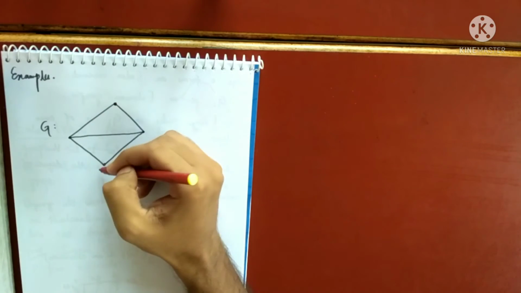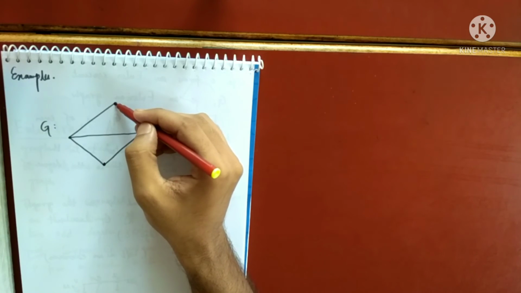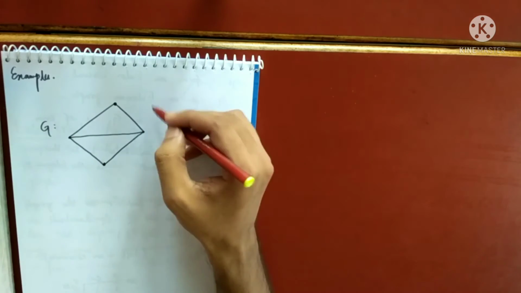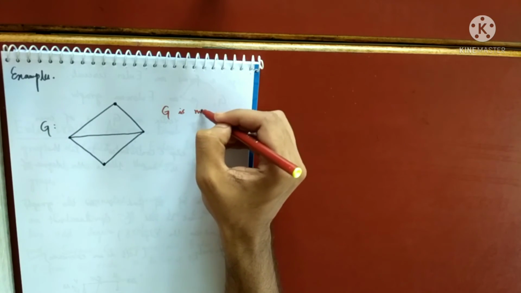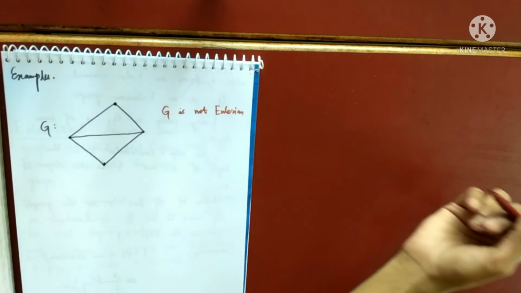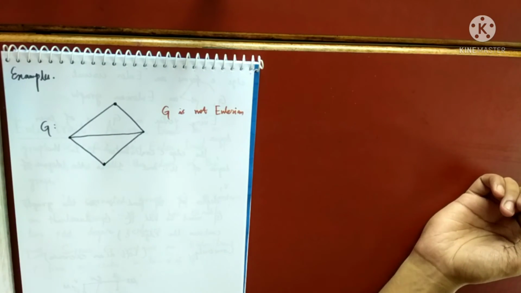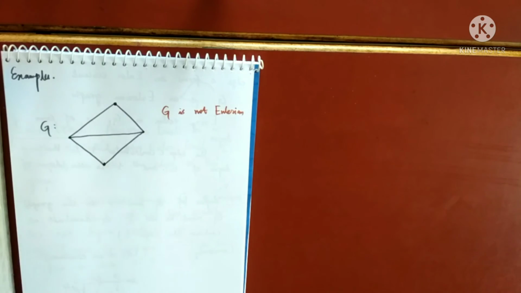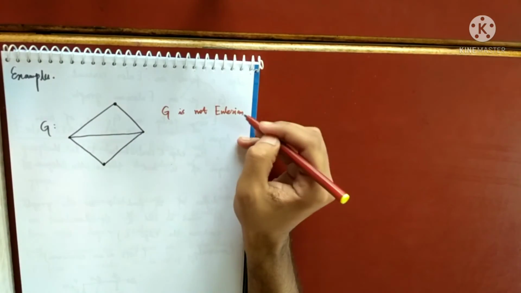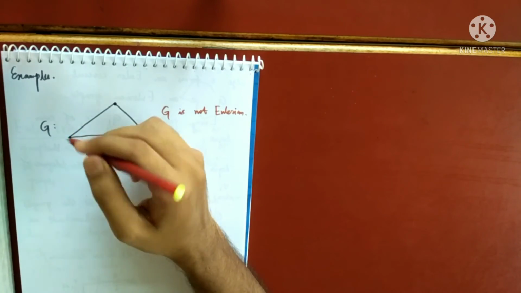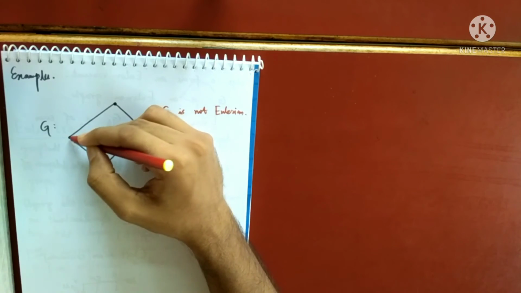The condition was that the degree of every vertex must be even. It is even, but this is odd. So G is not Eulerian, as the degree of two vertices is odd. So this graph is not Eulerian, as it does not contain an Euler circuit, because there are two vertices of odd degree.